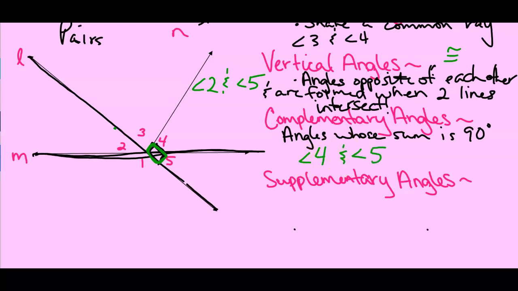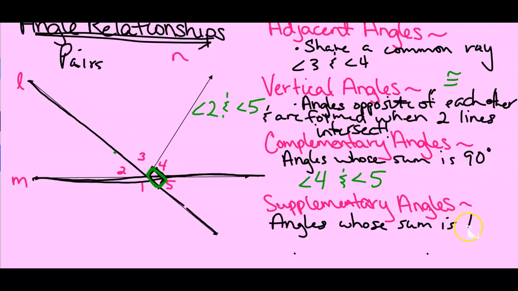Supplementary angles are angles whose sum is 180 degrees. We have a really good example right here. Remember, 180 degrees is a straight line. So we would say that angle 2 and angle 1 are supplementary angles. They add up to 180 degrees.